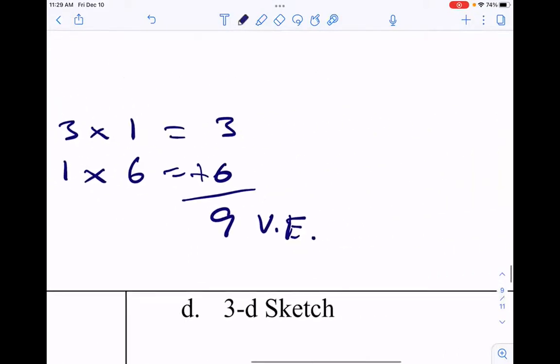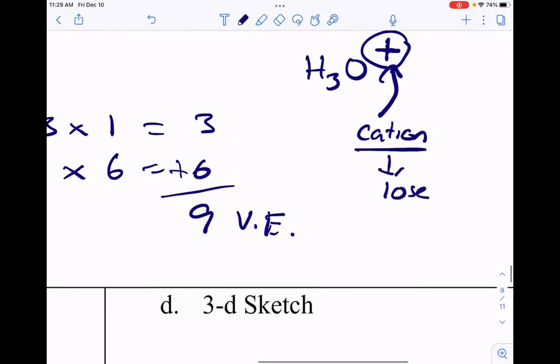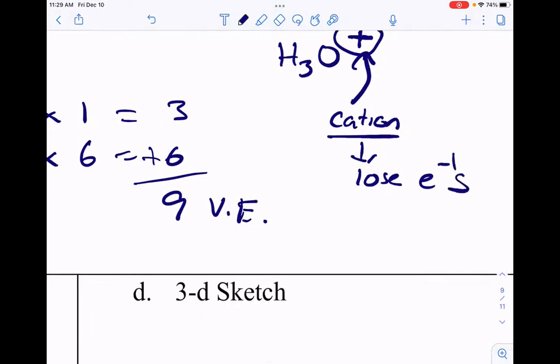And so since H3O is positive in charge, what does a cation mean? It means it loses 1. Exactly. So cations lose electrons. Anions gain electrons.